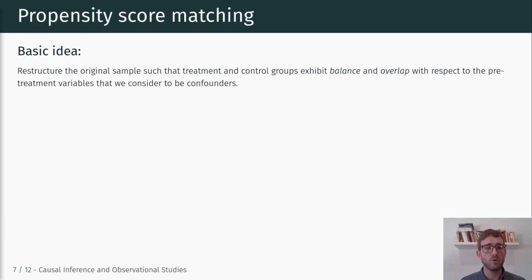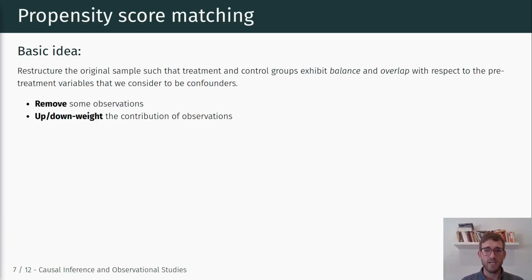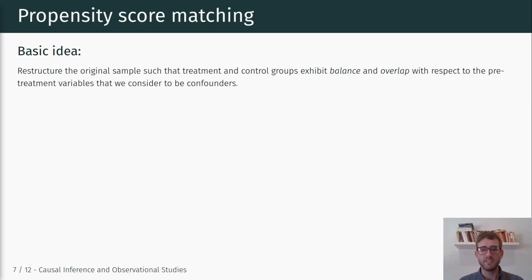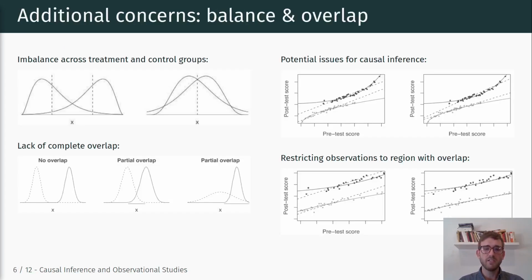We're still assuming no omitted variables, but we're now restructuring the sample such that treatment and control groups are balanced and exhibit complete overlap. There are different potential strategies. One potential approach could be to remove some observations. This is the example that I illustrated here, where we remove observations that simply don't have overlap, for example.